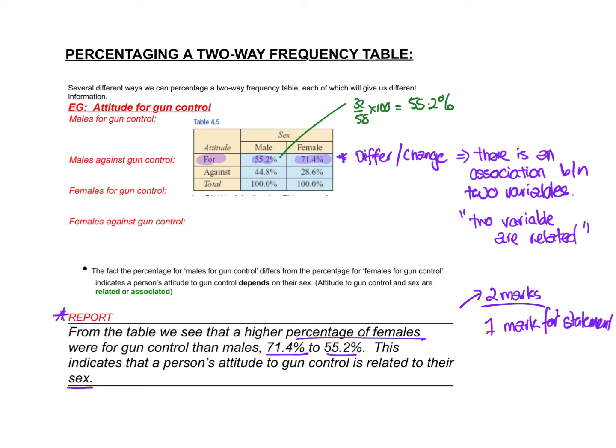So the data does indicate a person's attitude is related to their sex, and then you're going to say how it differs, and it did say females were higher, that's that statement. And then you're going to get 1 mark for using the stats. Okay, so you have to quote the stats, and here they're quoting those stats to show the difference.